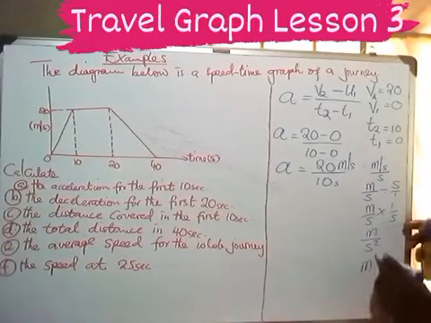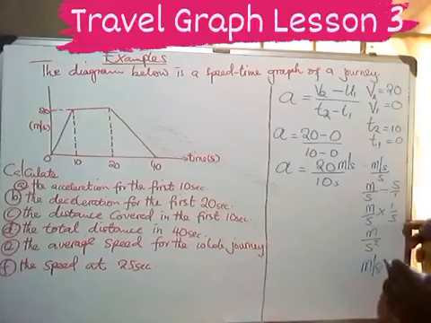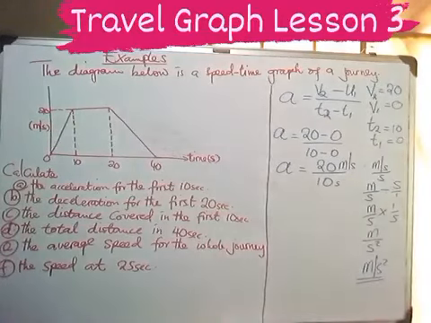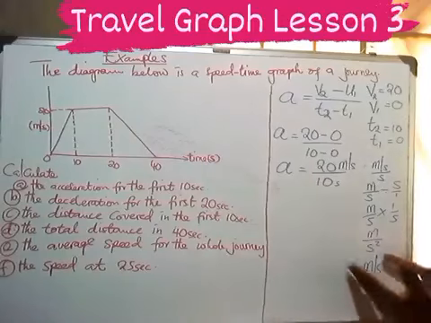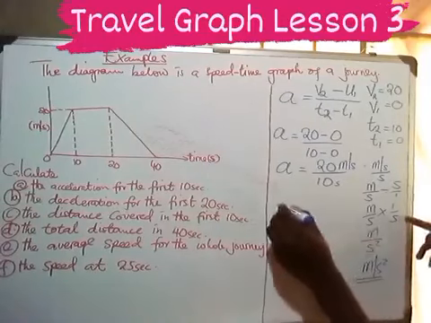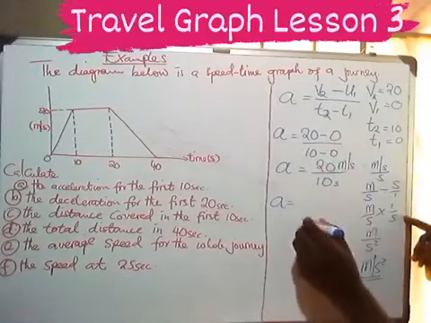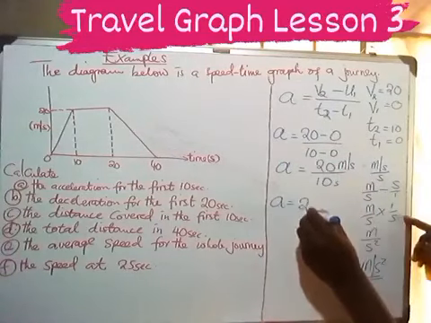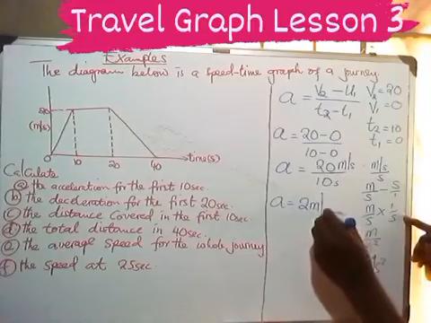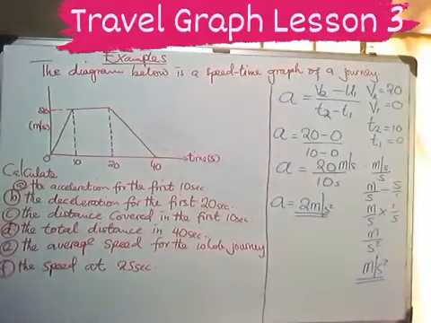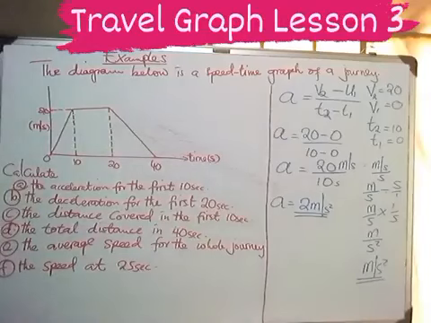This is why acceleration has the units meters per second squared. So our acceleration is 20 divided by 10. The answer is 2 meters per second squared.